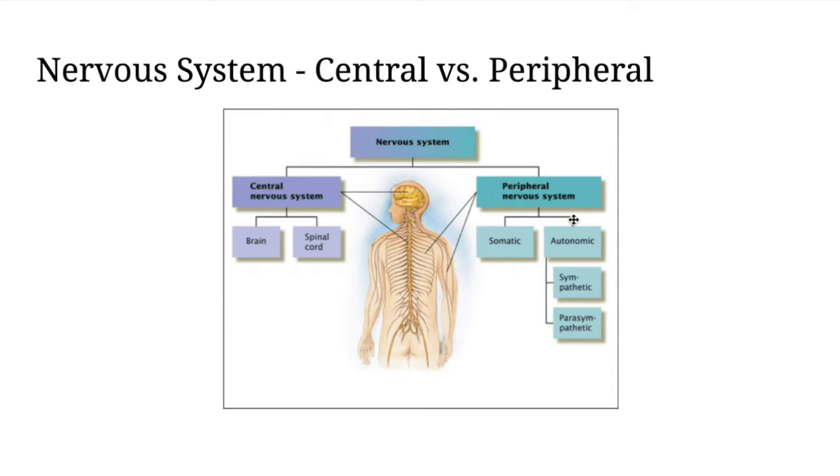Now there are some structural divisions, different kinds of nerves that you would have. Your peripheral nervous system, or the PNS, and I should have mentioned that central nervous system is abbreviated CNS. But the PNS with all of your nerves can be divided either into the somatic nervous system or the autonomic nervous system. Somatic nerves are going to control voluntary actions.